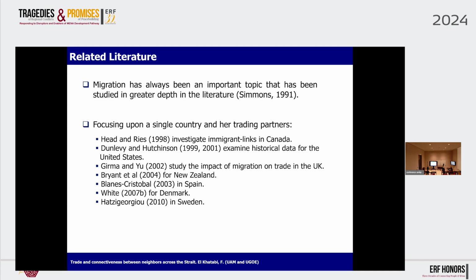Going to the related literature, the literature that links trade and migration focuses upon a single country and its trading partners. There are many examples for Canada, the United States, and so on. In the case of Spain, there is only one, which is Blanes San Cristobal in 2003.